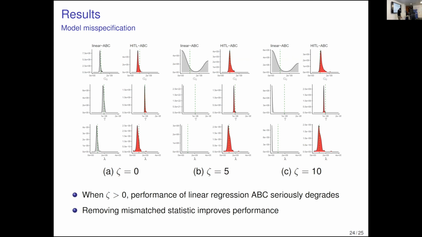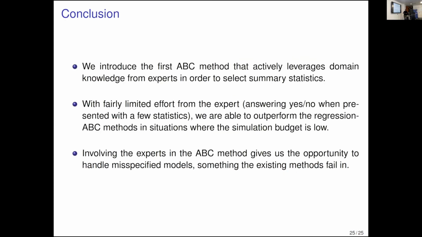Of course, there's some degradation, but that's what you would maybe expect. So yeah, that's about it. And with the expert in the inference procedure, we have the luxury to actually be able to detect it during the fitting procedure.